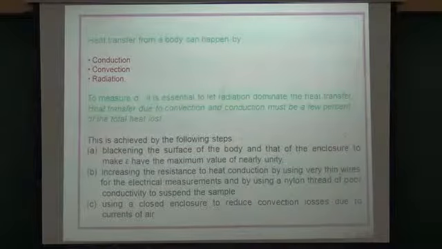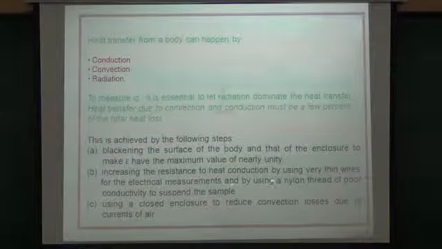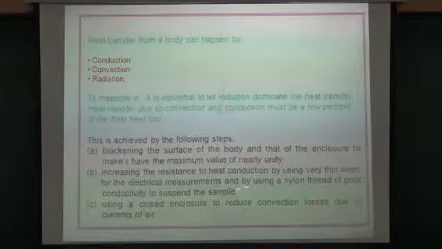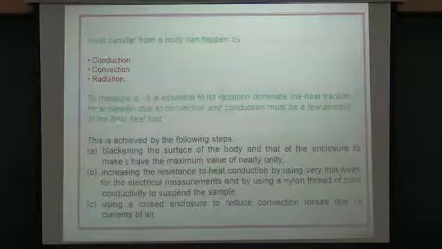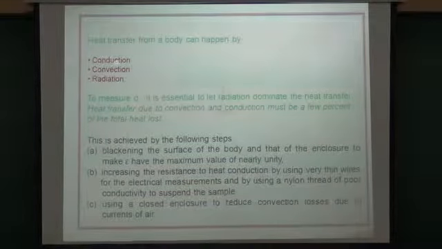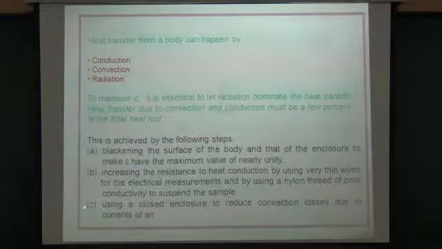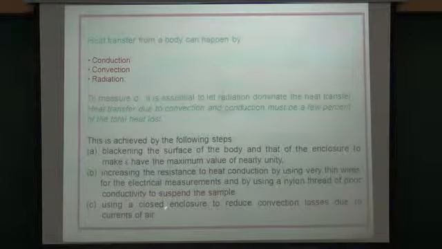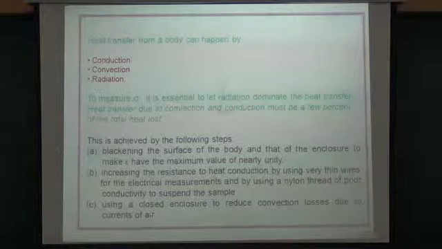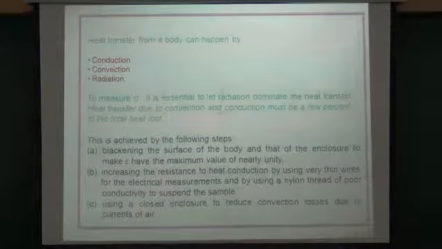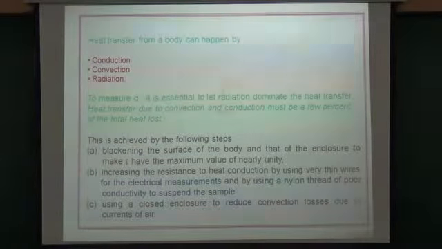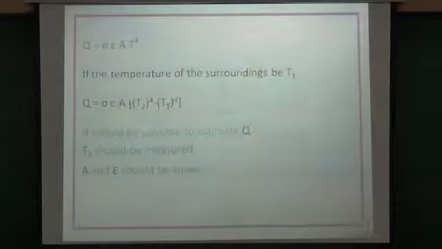So we are using a nylon thread to suspend the sample so that we can get rid of this conduction and convection. And then we use a closed enclosure to reduce convection losses due to the currents of air. We will not allow the air to take away the heat from the sample. So we have to enclose it properly.